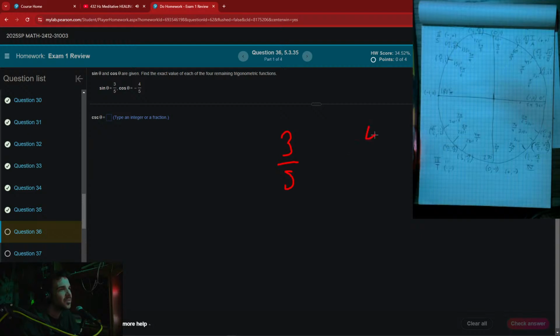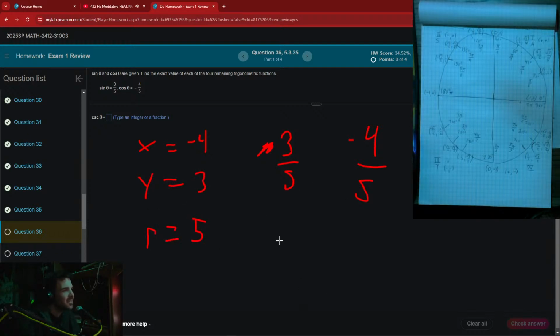Cosine equals -4 over 5. Now does this just mean that x is -4? Y is 3 and R is 5.